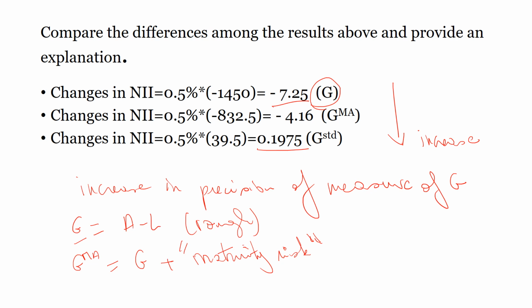And this is exactly what's happening here. If you ignore that, you can have a higher or lower change in your net interest income. And the third measure of gap is simply the maturity adjusted plus the sensitivity of rates to market rate.